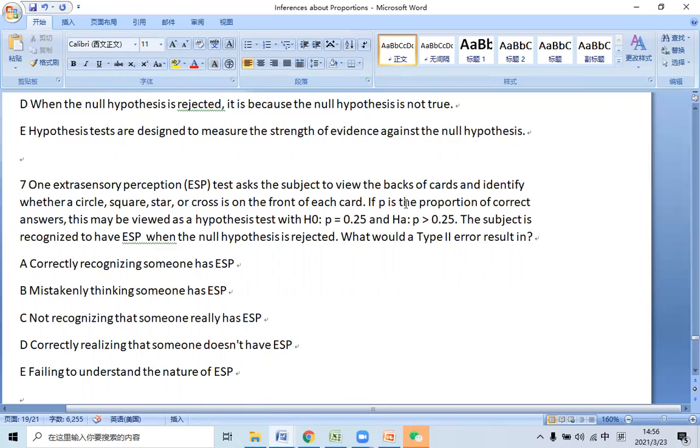The P is the proportion of correct answers. This may be viewed as a hypothesis test.